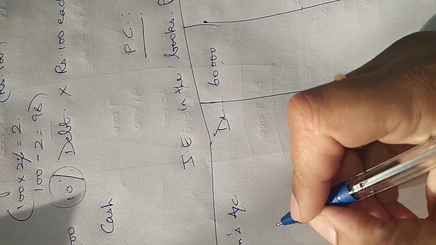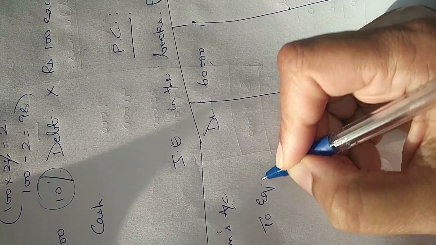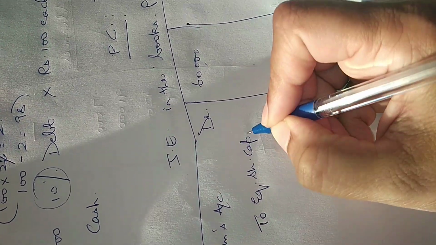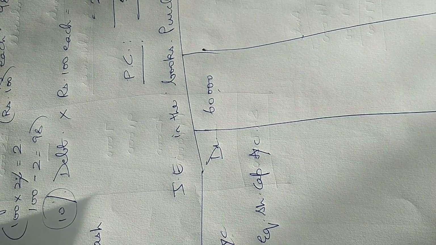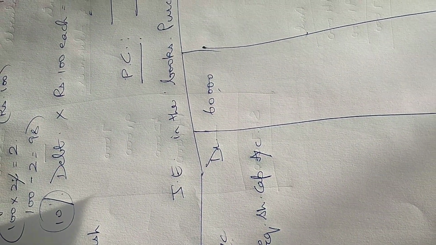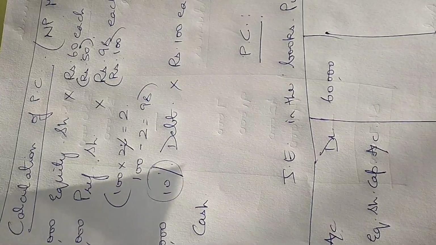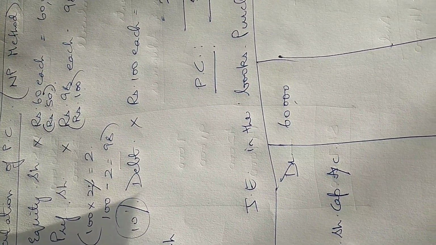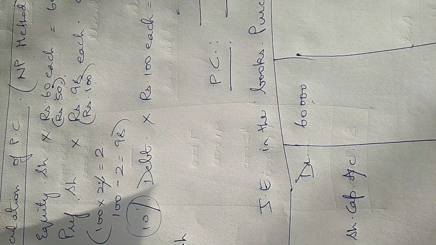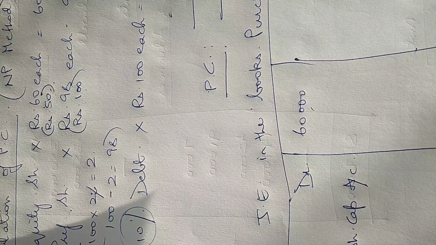So firm's account debited, leave one line, to equity share capital account. Now equity share capital account, preference share capital account and debentures will always show what is the actual value of the shares. It will never show the increase or the decreased values. It will always have to show what is the at par values. Remember that.